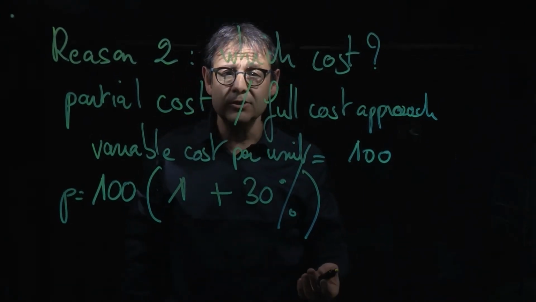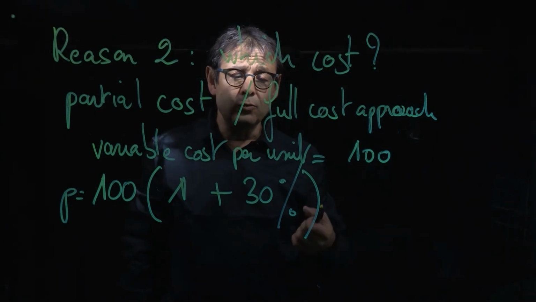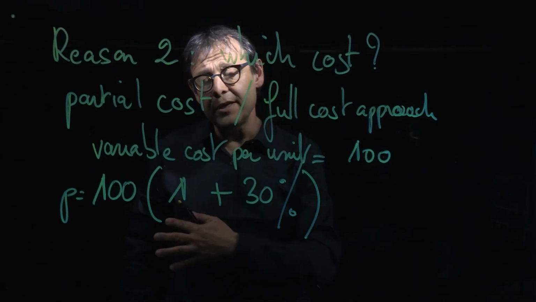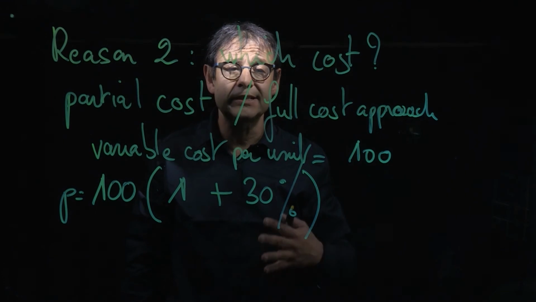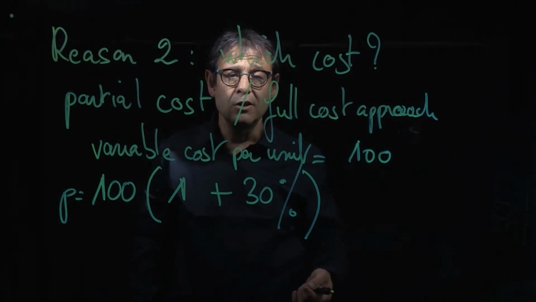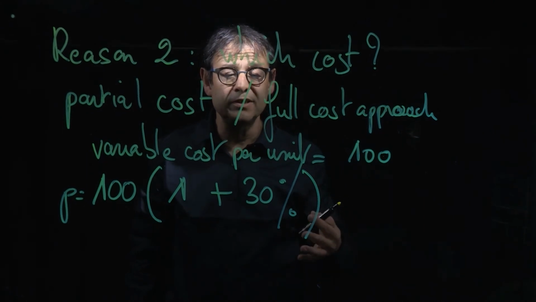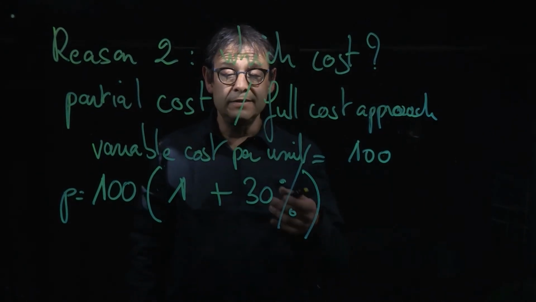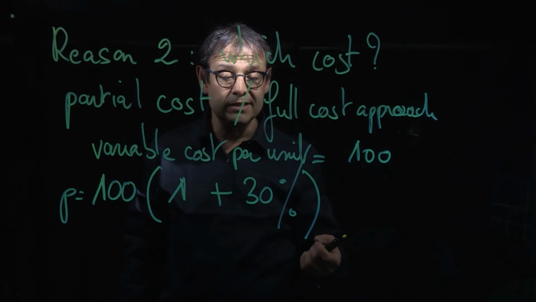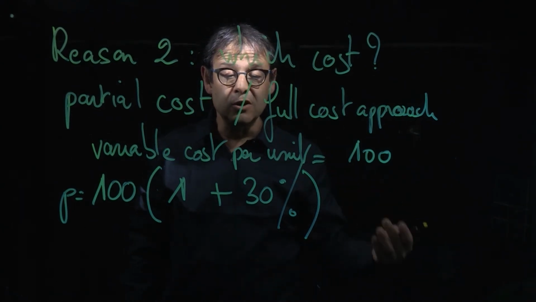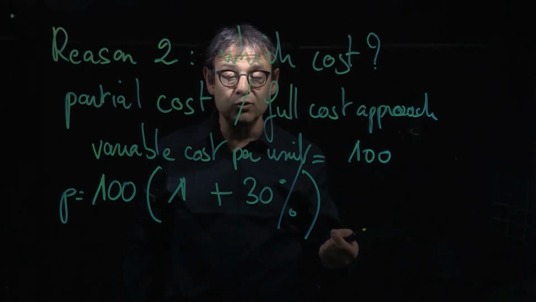But of course, in so doing, we don't know if we are going to cover the cost that we excluded from our calculation. The cost that we excluded, namely the fixed cost, will they be covered, will they be absorbed by this price that we set minus the variable cost that we have also to cover?